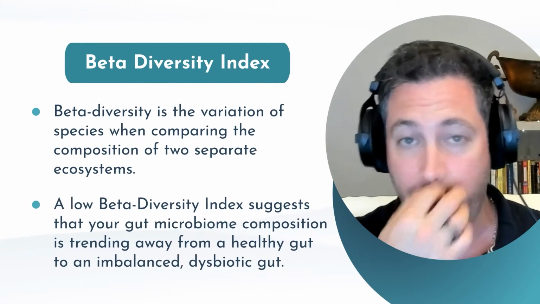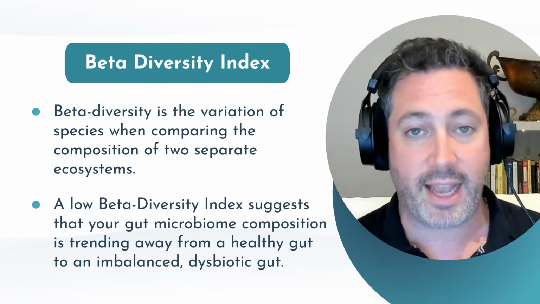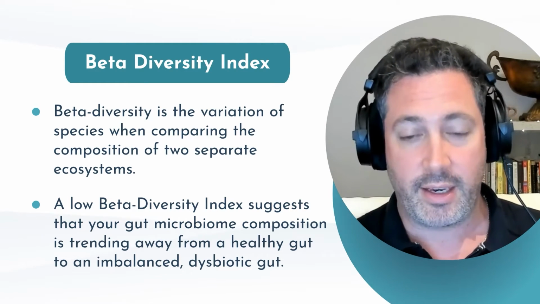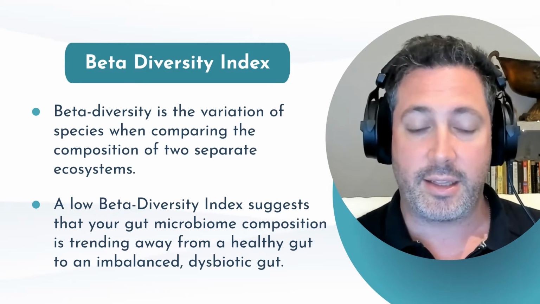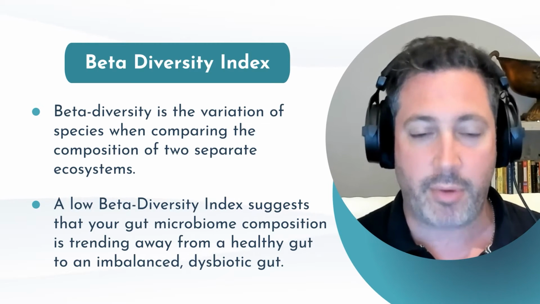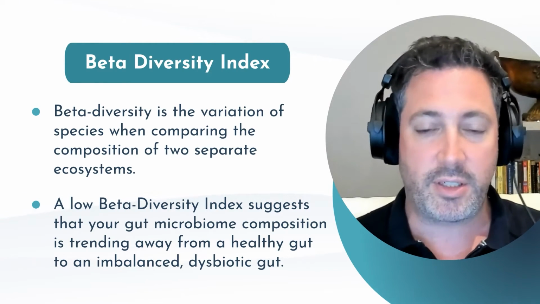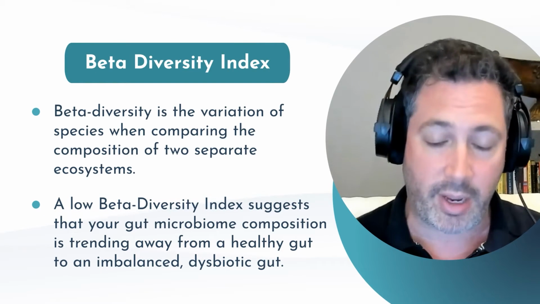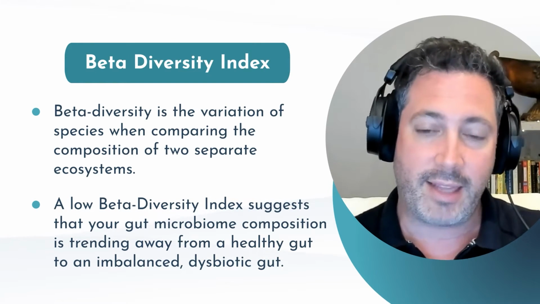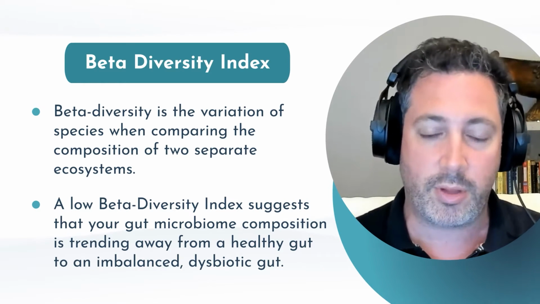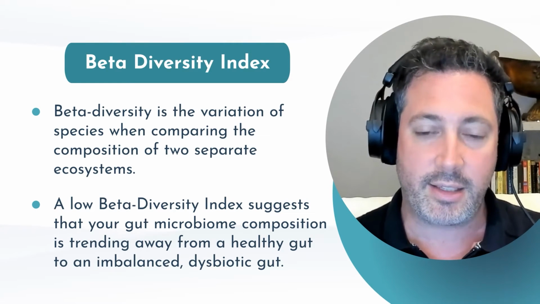But that also needs the other side of the coin, which is beta diversity. Beta diversity is a qualitative analysis. It's looking at the types of microbes that are living in the microbiome. So we don't really have a number here. What we know is that there's a certain pattern in the composition of the microbiome of the gut, or any other microbiome, that we can say is the standard, or is close to what we'd see as healthy.